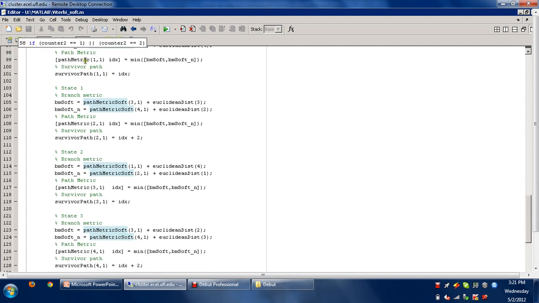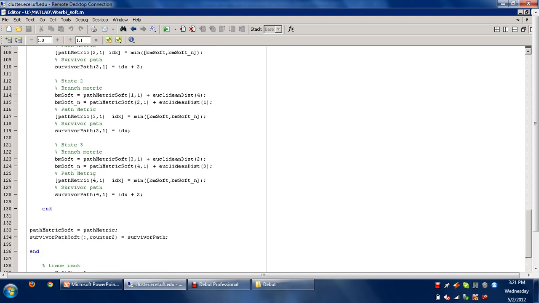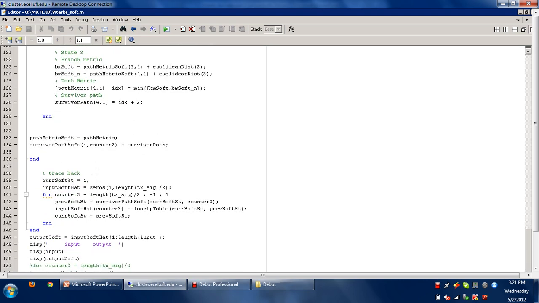As you can see, we have state 0 to 3, which means that this is a state machine, and the path is calculated based on certain rules which are mentioned in the reference papers. Finally, at this point, we are calculating the output that is received based on the decisions of the maximum Euclidean distance, and this is within a loop which ends at this point. For every single bit that has been received, the output is displayed here.